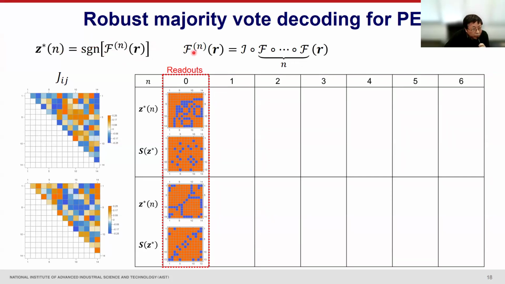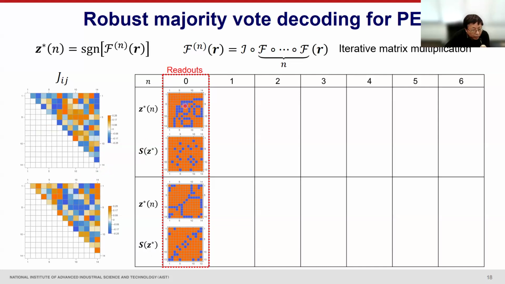Here, the function Fn is n times iterative matrix multiplication of F. We show typical results for error patterns associated with two readout states for two different coupling matrices.